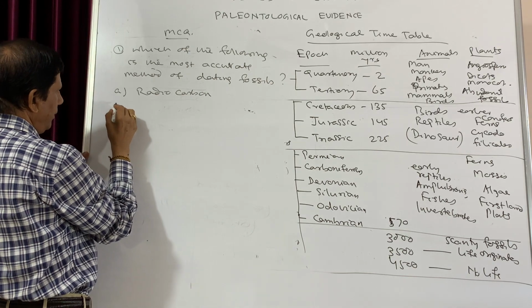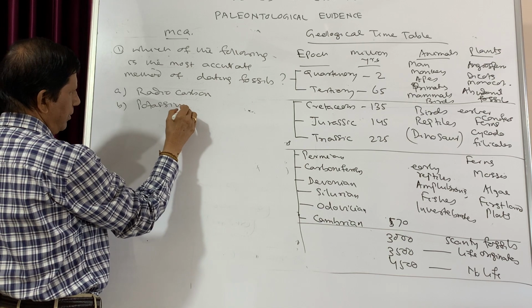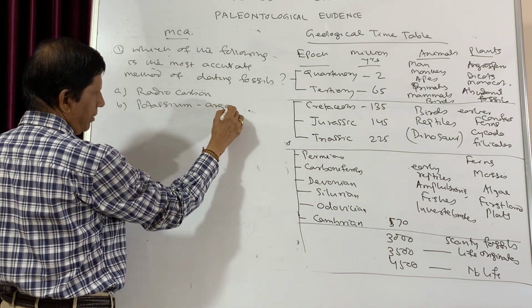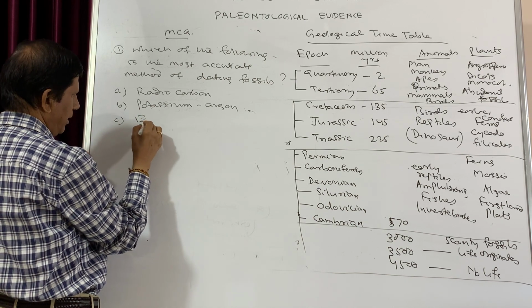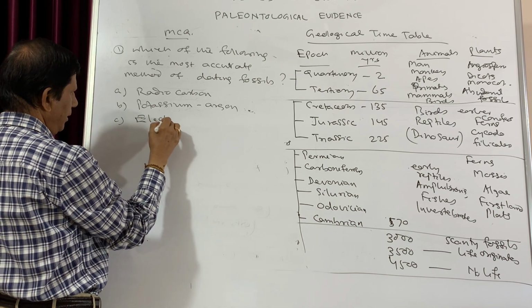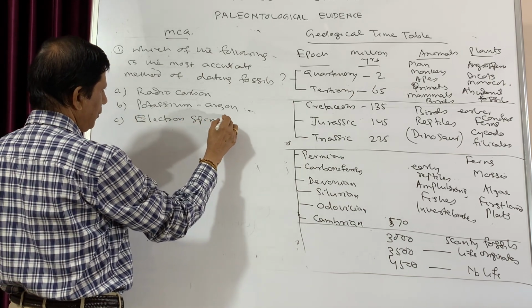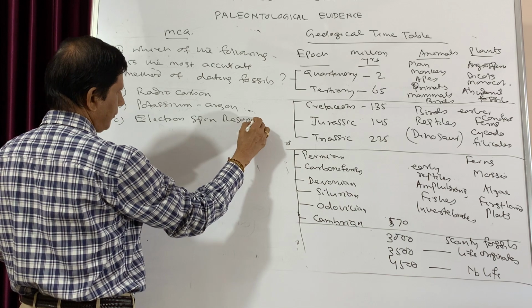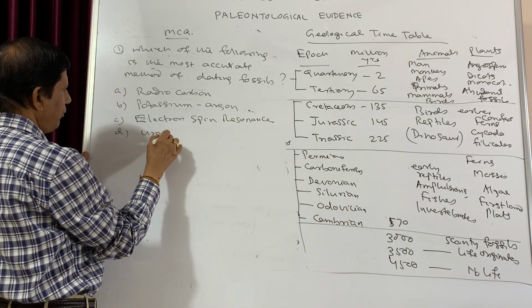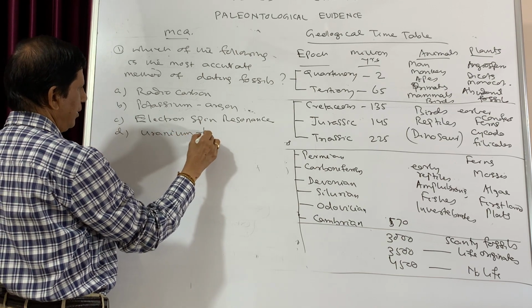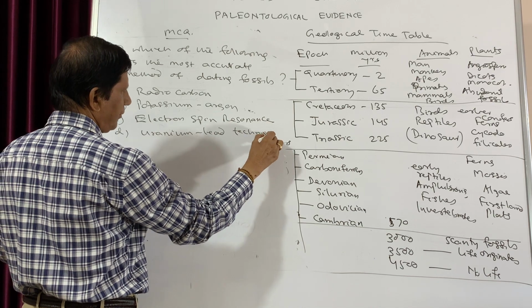The second one, potassium-argon. The third one is electron spin resonance, and the fourth one is uranium-lead technique.